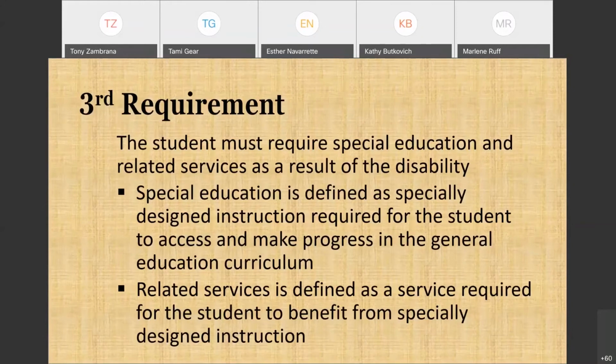But other than that, they do okay. They then are not eligible for special education. They may be eligible for a 504 plan that outlines all of those accommodations they need. But if they only need accommodations, they do not require special education or related services, then they are not eligible.